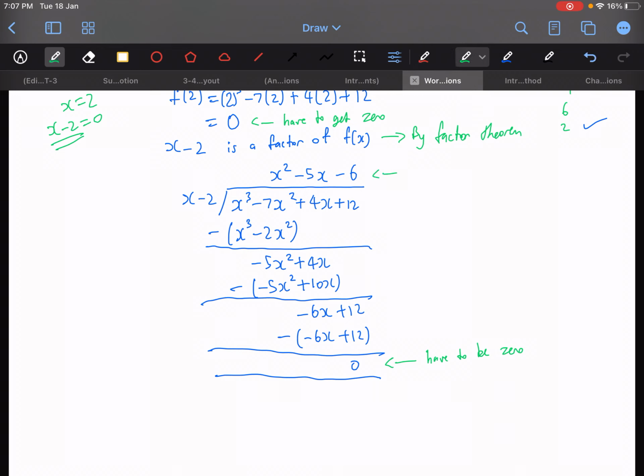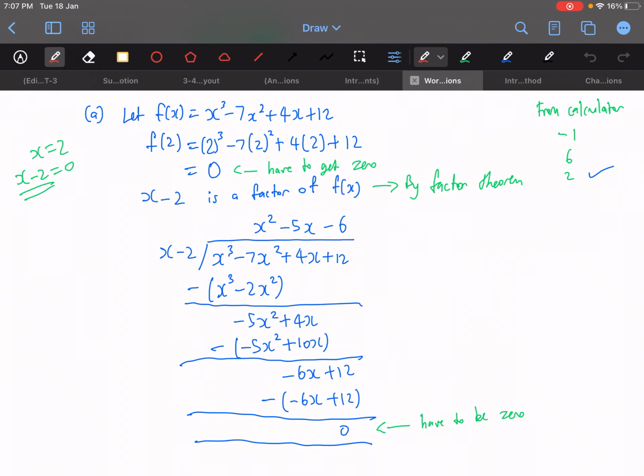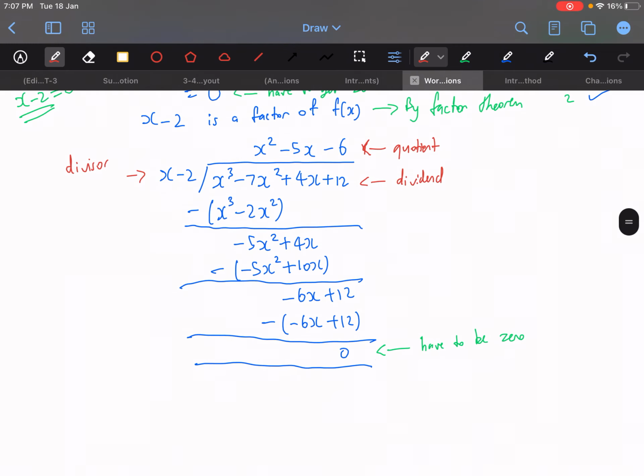this is your, sorry, let me write it again in red instead. Okay, so this is your quotient, this is your dividend, this is your divisor, and this is your remainder.